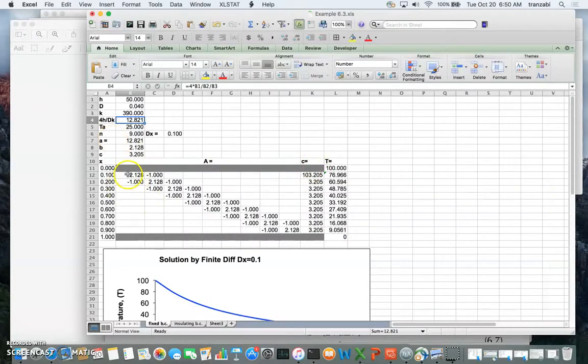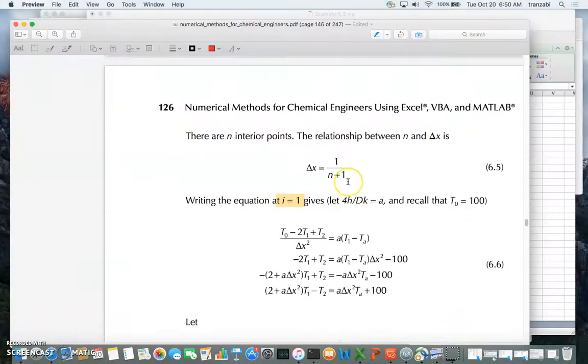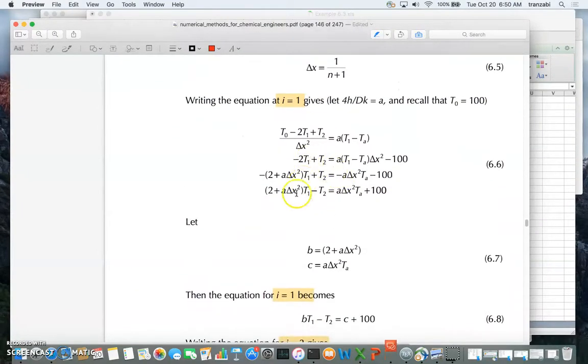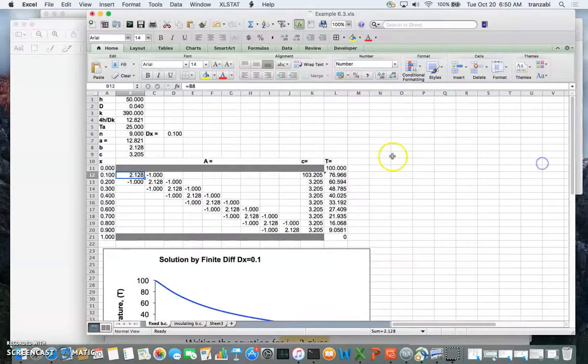So with that, we put all the equations in here. Let's go over a couple of them. The first equation is B times T1 minus T2. So here is B times T1. First column is the coefficient for T1. Second column is the coefficient for T2.